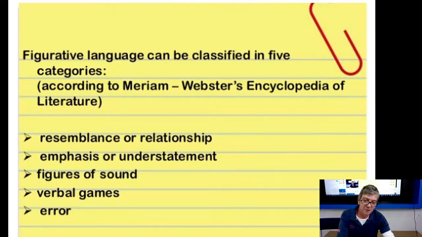And also verbal games. We have games about speaking, right? Verbal. And this is really the same as play on words or wordplay, when 2 words have different meanings. So I'll give you an example. I've been to the dentist many times, so I know the drill.